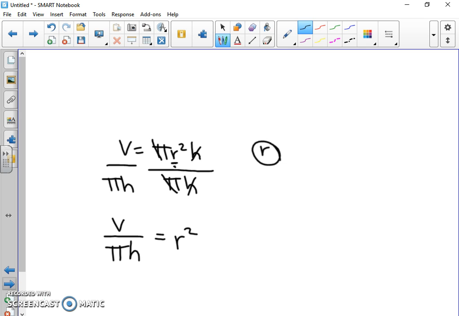Oh boy, we need to find r though. So if we find the square root, whatever we do to one side, we do to the other. So what's the square root of r squared? What times itself? R times r is r squared, so r equals, and you leave this alone, the square root of v over pi h.